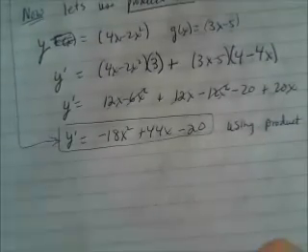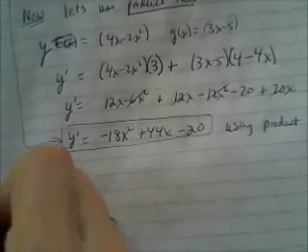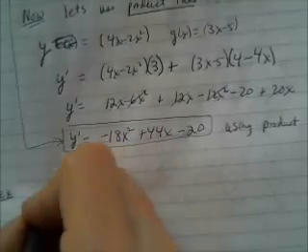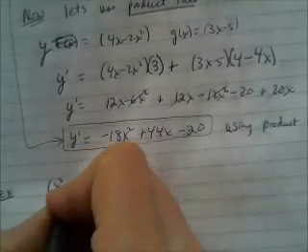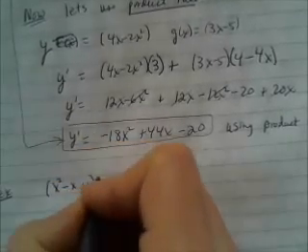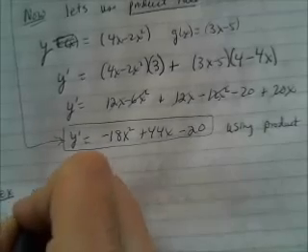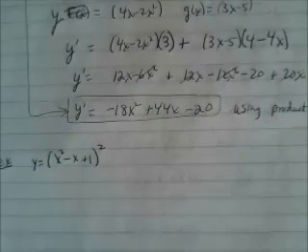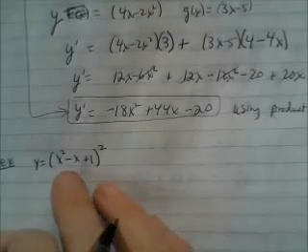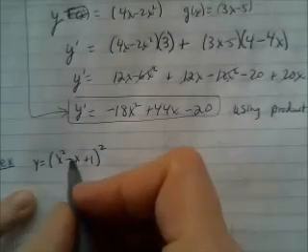Let's do another example. Let's do the example y equals x squared minus x plus 1, squared. Well, what are we going to do with this? Well, we could use the FOIL method, or it's actually more than a FOIL.